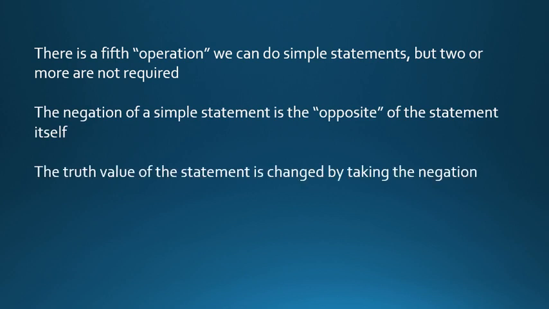And if the given statement, whether simple or compound, was true, the negation will be false. If the given statement was false, then the negation will be true. So taking the negative just switches the truth value. And that two-word phrase, truth value, we're going to be seeing that coming up a lot in the near future.